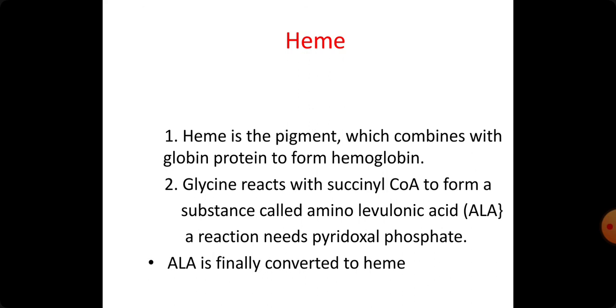Second important compound which we get from glycine is heme. Heme is the part of hemoglobin. Heme plus apoprotein they form the hemoglobin. Heme is the pigment which combines with globin protein to form hemoglobin.